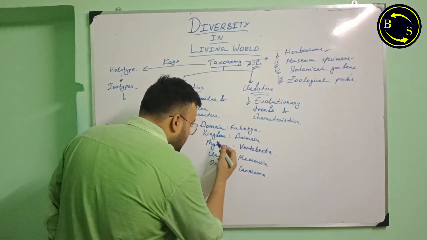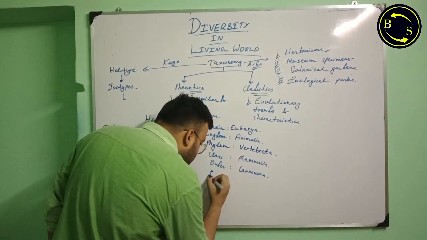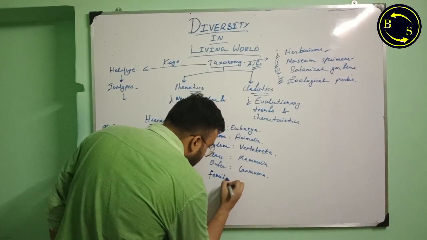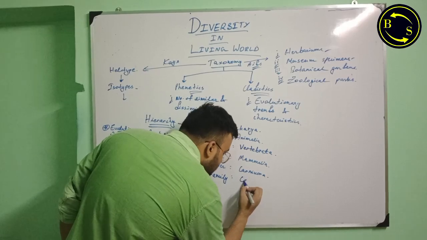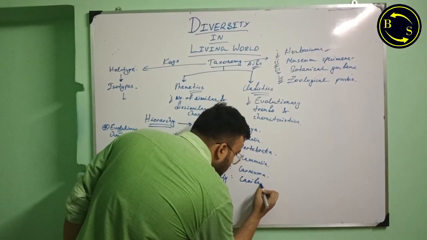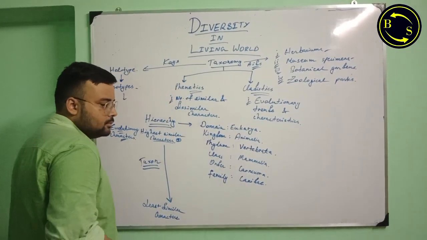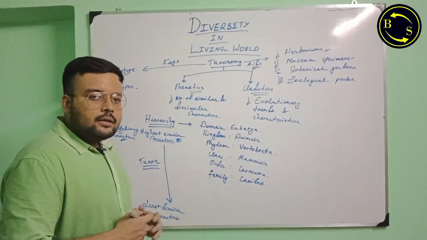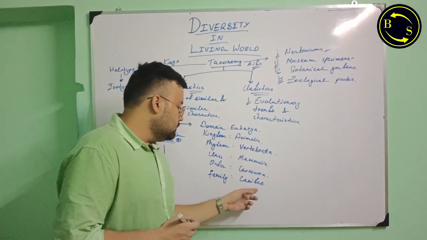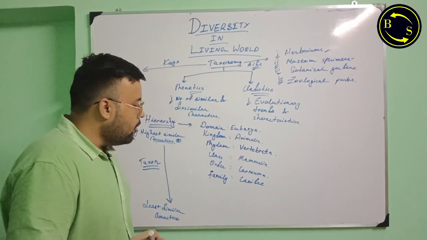Then we have kingdom, phylum, class, order, family, the next taxon, the family. The family is Canidae. Canidae means animals that have very big canine teeth. All dogs fall into Canidae.